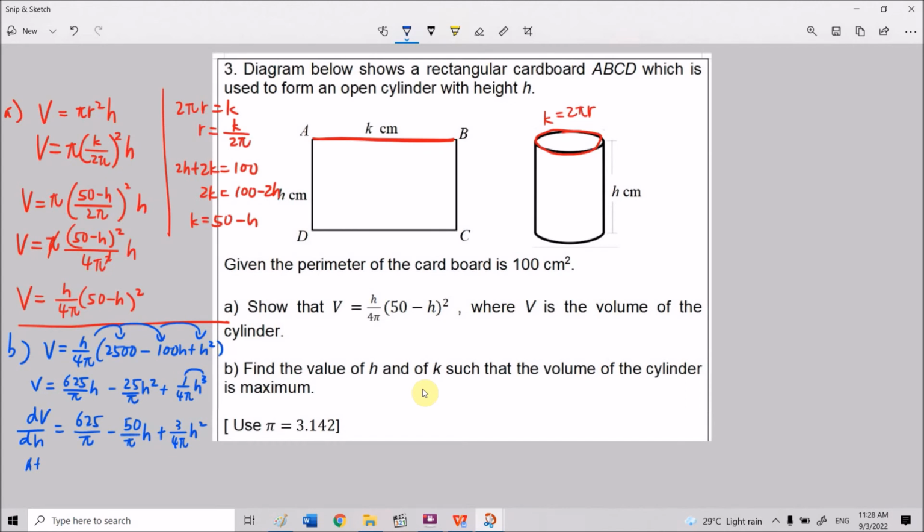Turning points. The turning points are either a maximum point or a minimum point. At the turning points, dV/dh equals 0. So we now try to equate this to 0. I write it at the other side here.